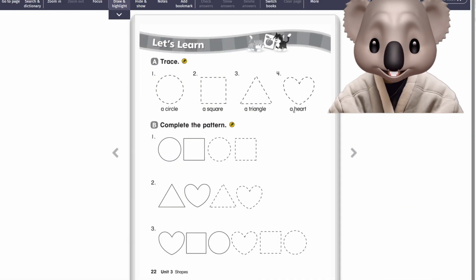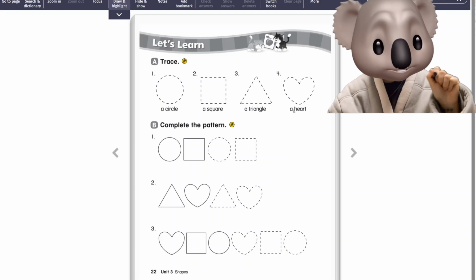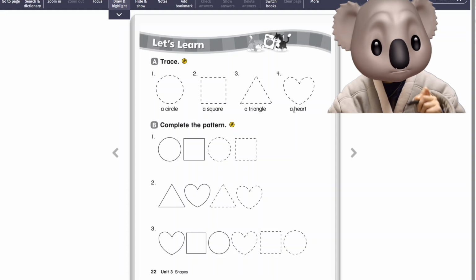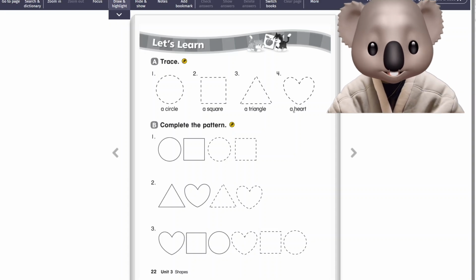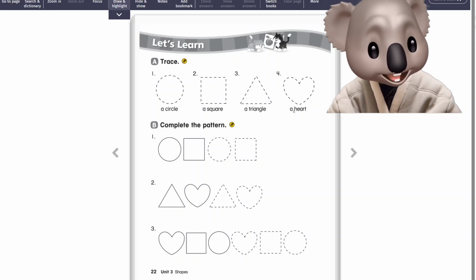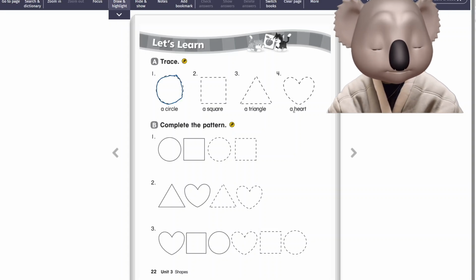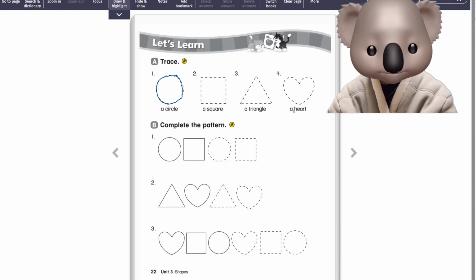On page 22, we are going to trace. Remember, trace means to follow the lines to write or draw. In number 1, we are going to trace a picture of a circle. Ready? Circle. In number 2, this is a square.